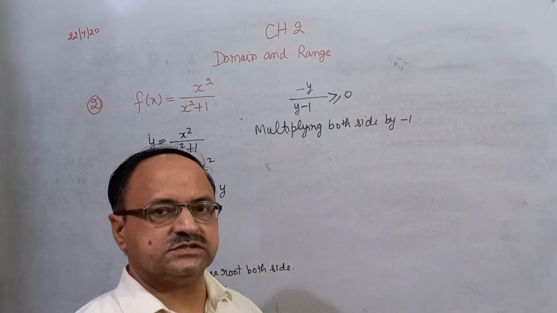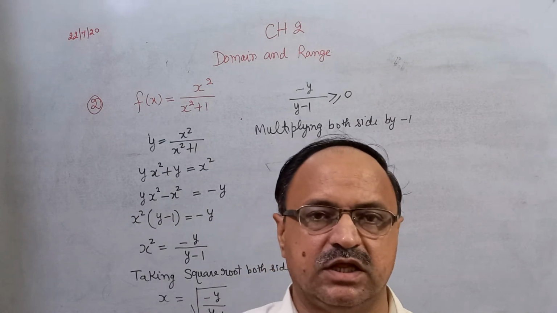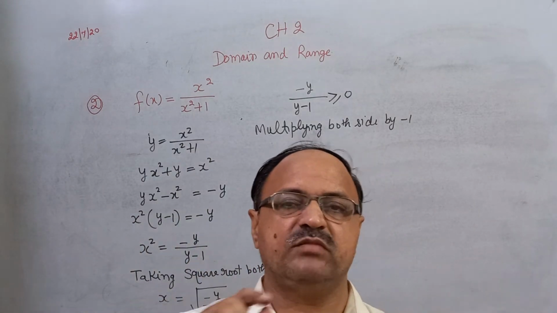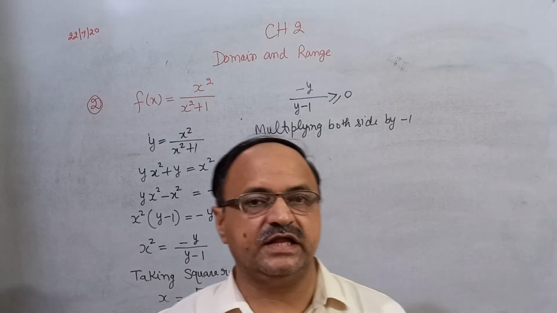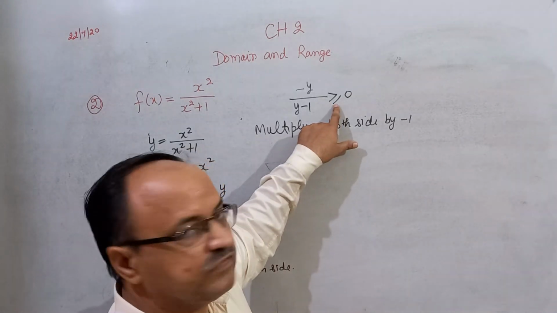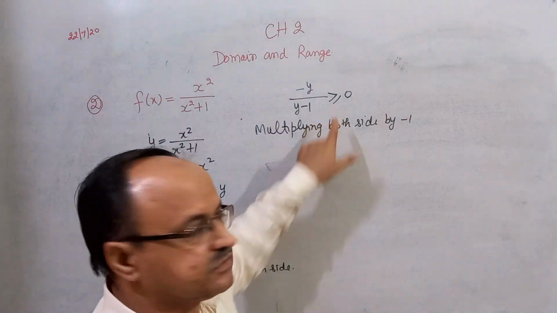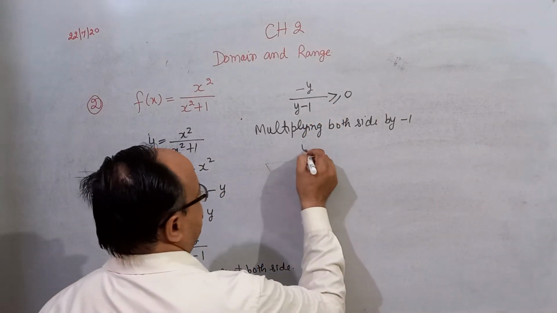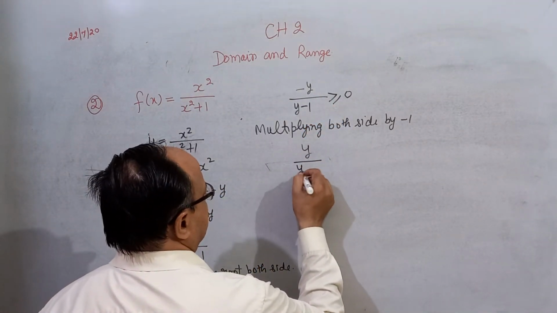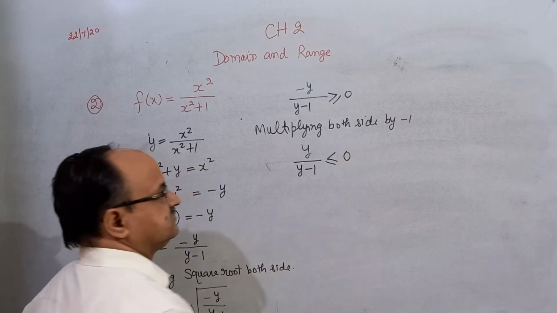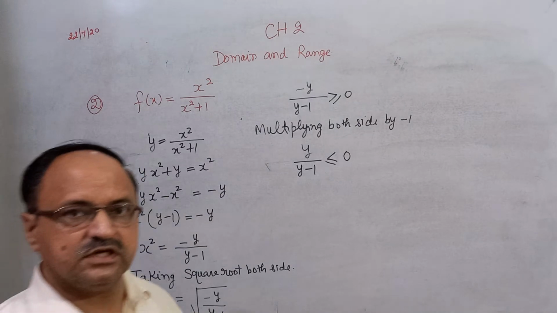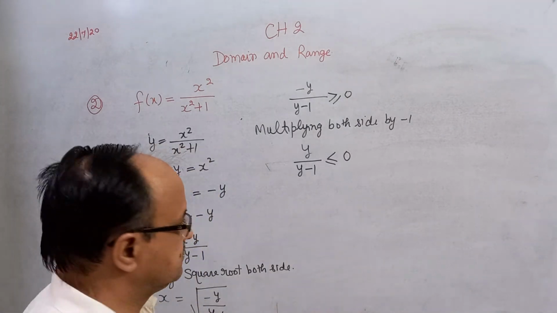And we know that in a linear inequality, if we multiply both sides by minus 1 or divide both sides by minus 1, then the sign of the inequality changes. Therefore, you can say y upon y minus 1 less than or equal to 0. Clear?